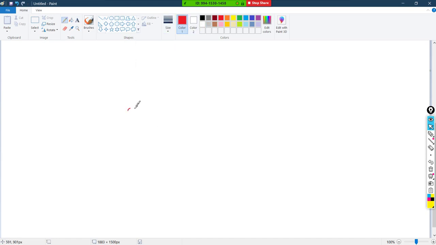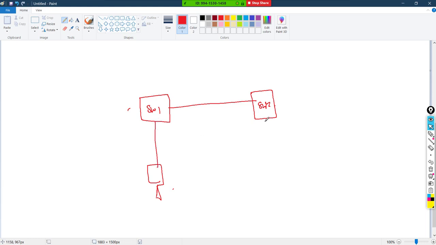As I told you, I have two switches, switch 1 and switch 2. When I have one connection, it's all good. Let's say I have a computer connected to this switch, and a computer connected to the other. Let's say this is PC A and this is PC B. Computer A is initiating a ping or a file transfer.